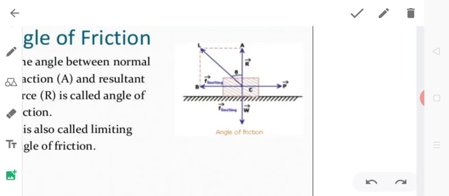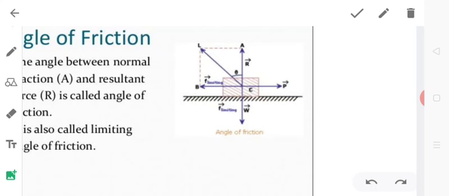Now in the figure, CA represents the normal reaction R, which balances the weight W, that is mg, of the body. CB represents the limiting force of sliding friction when the body tends to move to the right.